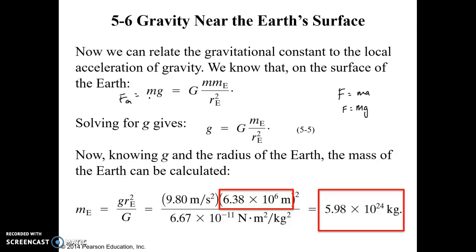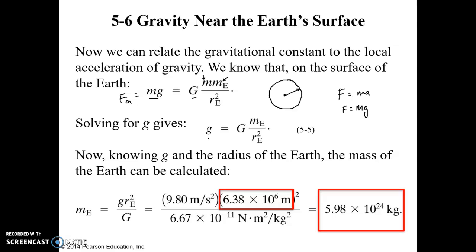So we plug in mg for the force due to gravity equals the gravitational constant times the mass of whatever, and the other object in the question here is the Earth itself, m sub e being the mass of the Earth, divided by the radius of the Earth. So we're talking about the distance from the center of the Earth to the surface of the Earth squared.